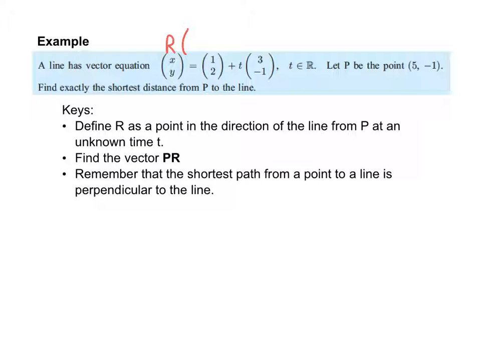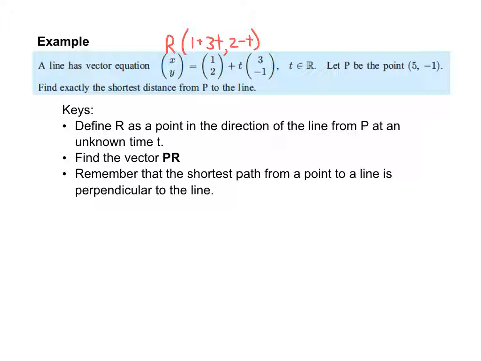If R is on that line, what is the x-coordinate going to be? 1 plus 3t. That's going to be our x coordinate at any given time. What's our y coordinate going to be? Yeah, 2 minus t.